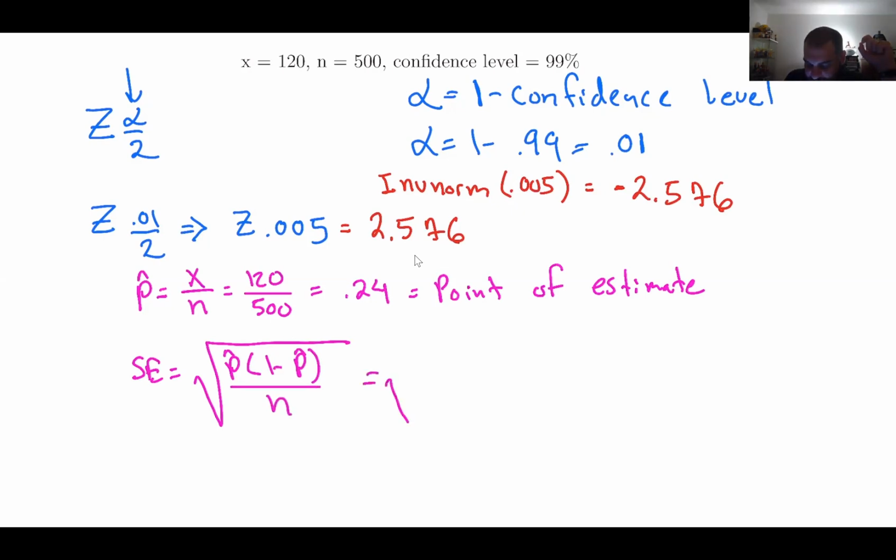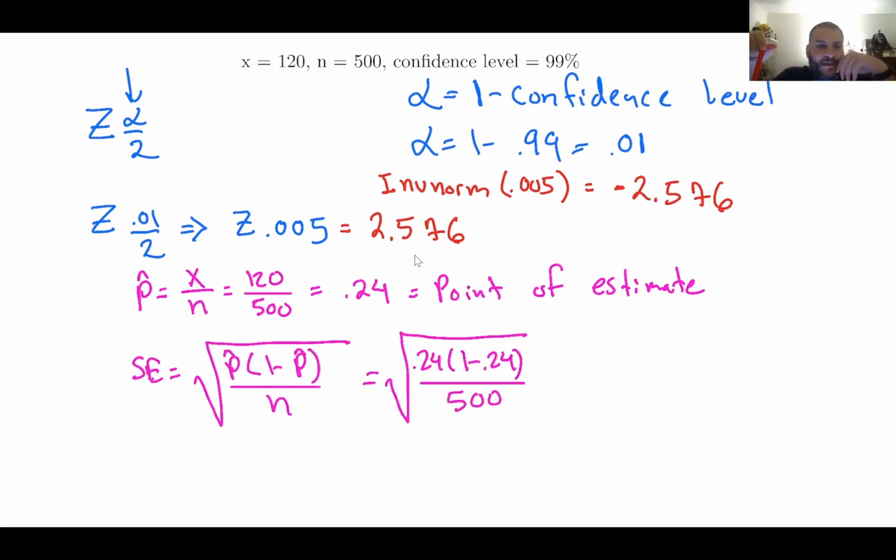So that's the square root of 0.24 times 1 minus 0.24, divided by 500.